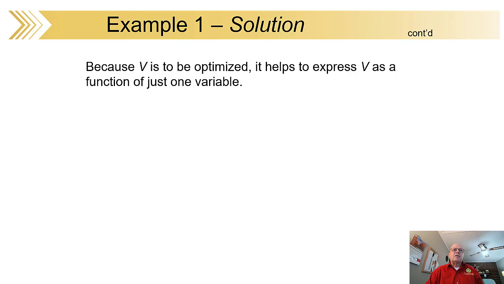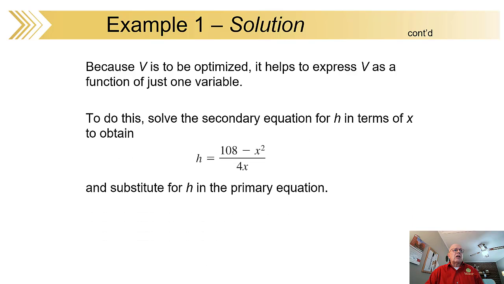Now we'd like to have just x, just one variable. So we take that secondary equation, not the one we want to optimize, the secondary equation, solve it for the variable that we don't want in our primary equation. So this is the last one.